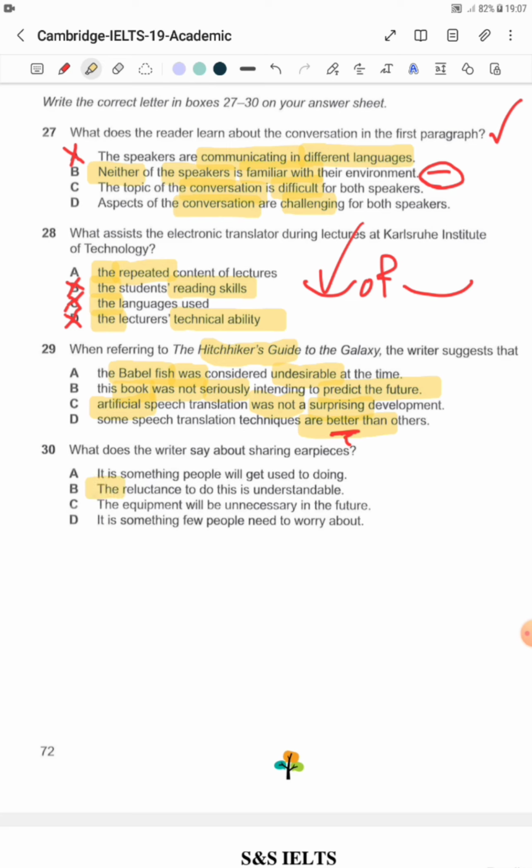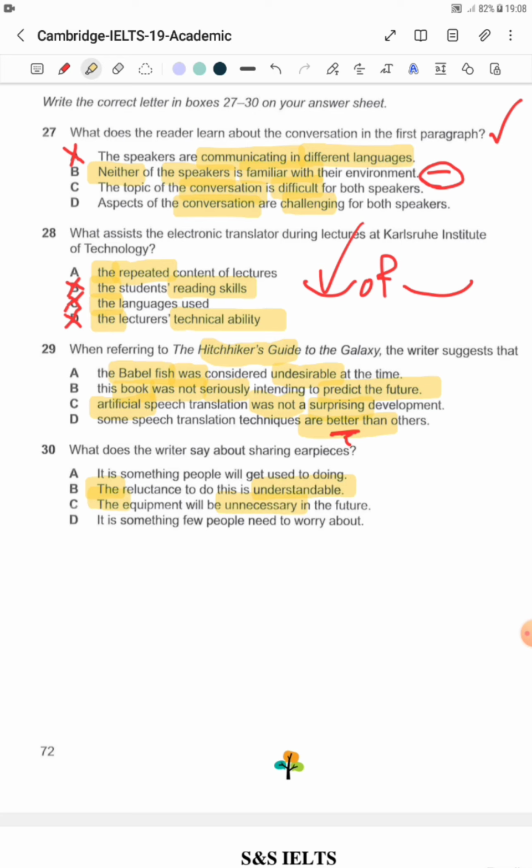It means that the similarities are reluctance and equipment. We have to find differences related to those similarities, which are understandable in part B and unnecessary in part C.